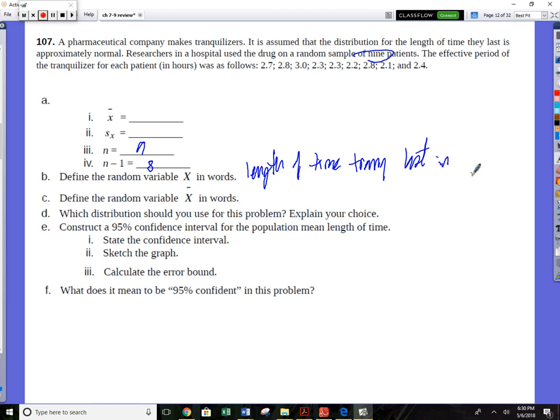So for one person from the population. Now X bar, this is the average time they last for a person from the sample of 9. So that's a really small sample.